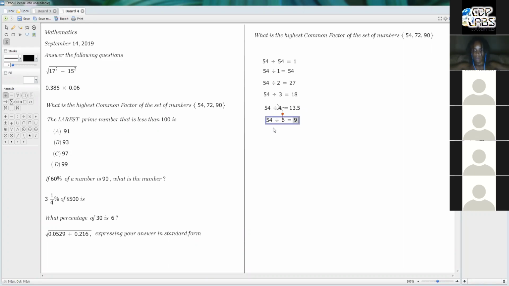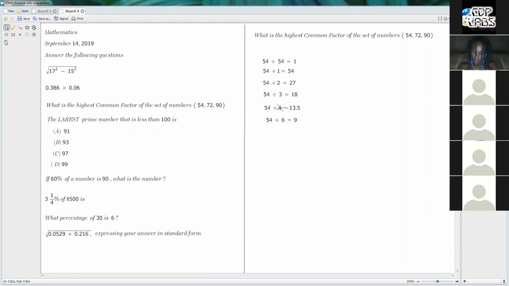All right. So tell you what I want you guys to do now. Find the rest of the factors of 54 for me, please. Everybody find the rest of the factors of 54. 9. Yeah, so we have 9 already. It's there. So continue. 6 is also one and 9 is also one.